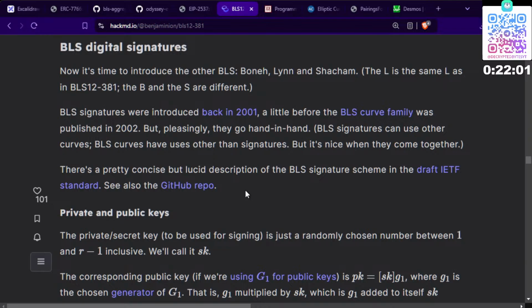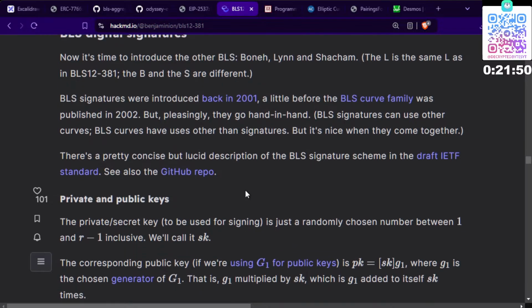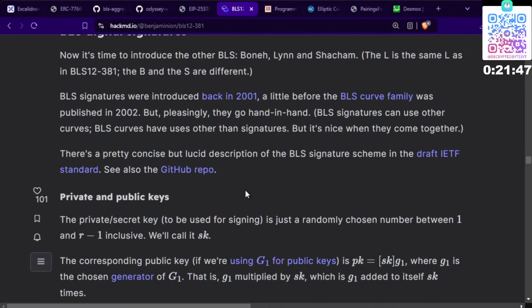BLS signatures were introduced back in 2001, a little before the BLS curve family was published in 2002. But pleasingly, they go hand in hand. BLS signatures can use other curves, and BLS curves have uses other than signatures, but it's nice when they come together.